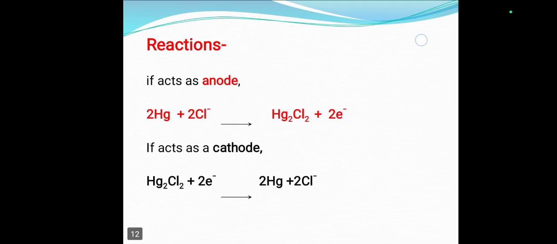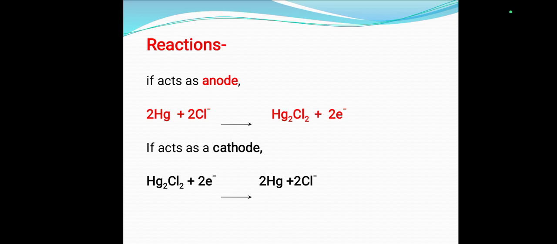Now what about reactions? As I said, Calomel electrode is a half cell, so it may be anode or it may be cathode. We know anode always undergoes oxidation, cathode always undergoes reduction. If Calomel electrode is anode, then it will undergo oxidation. What is meant by oxidation?